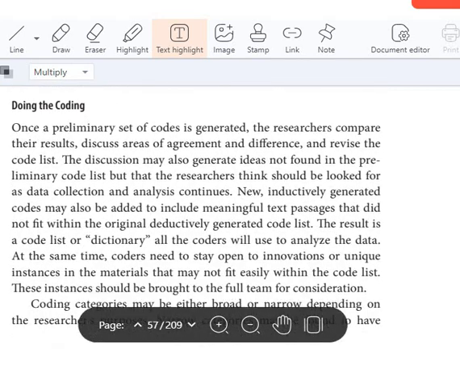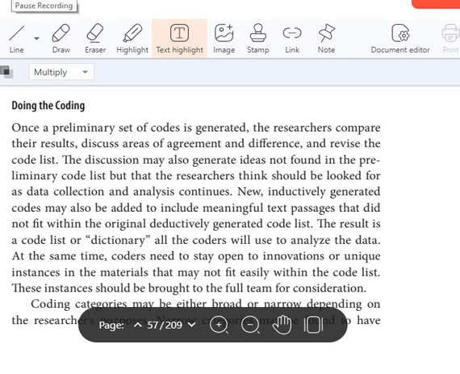What about doing the coding? Once a preliminary set of codes is generated, the researchers can compare their results. They should discuss areas of agreement and difference. It is important to do this comparison and contrast between coders.